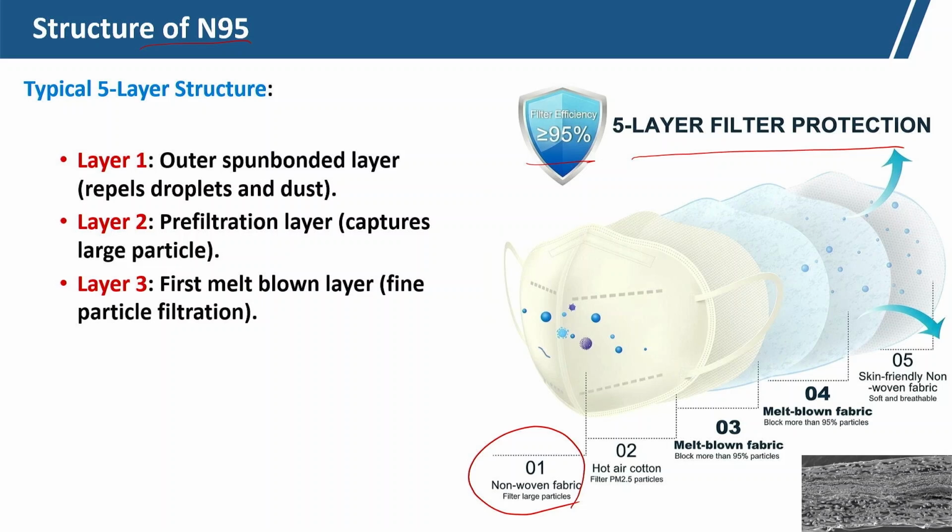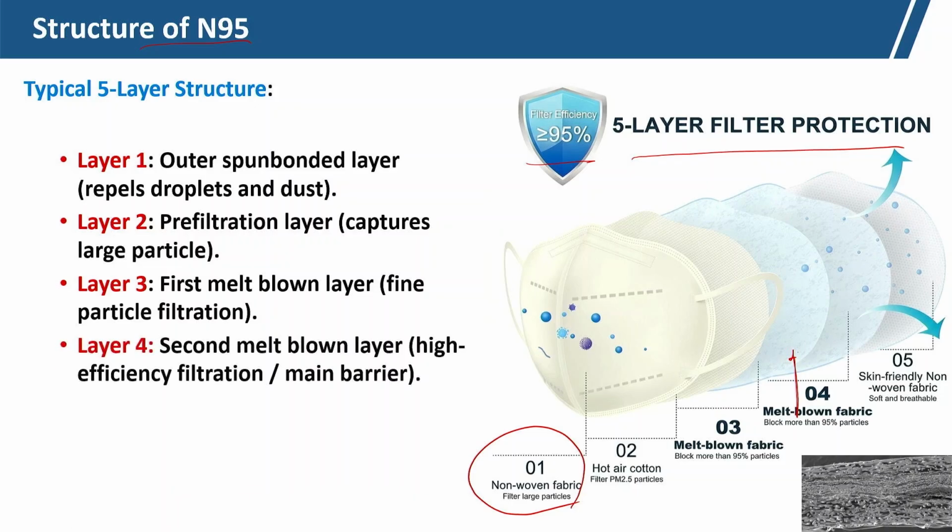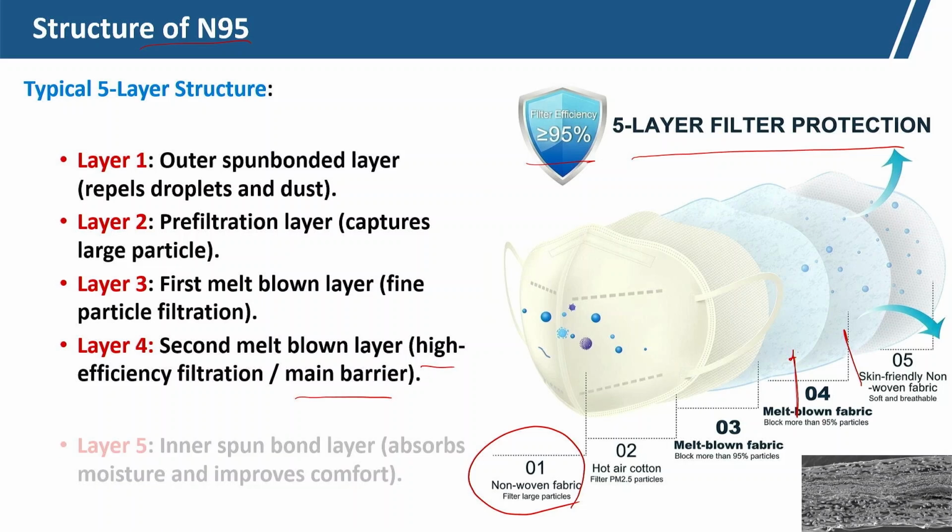The third layer is a fine melt blown layer which arrests the fine particles. This is the first melt blown layer, and then the fourth layer is the second melt blown layer, with high efficiency, which is the main barrier for filtration.